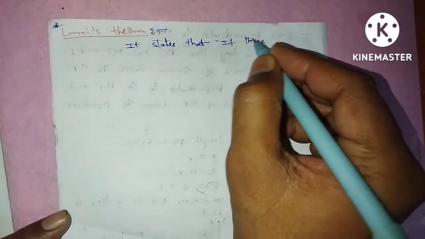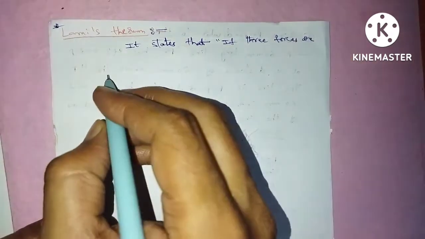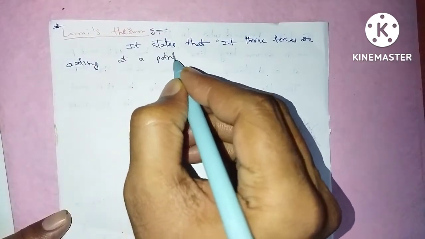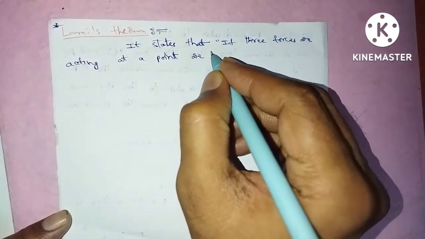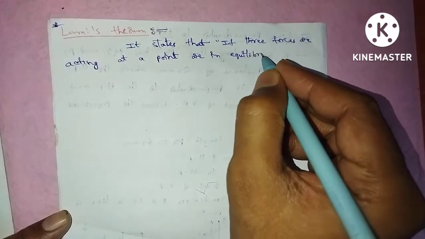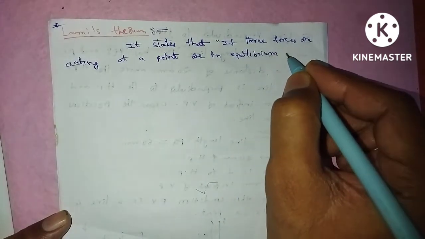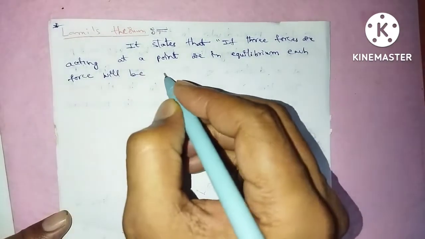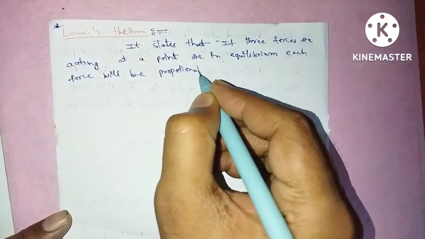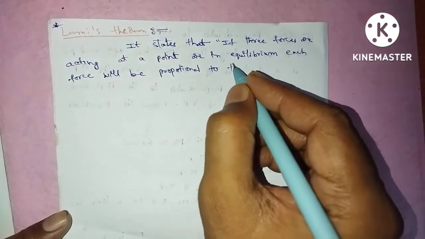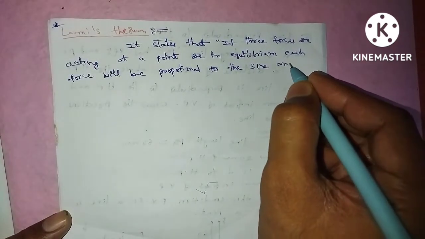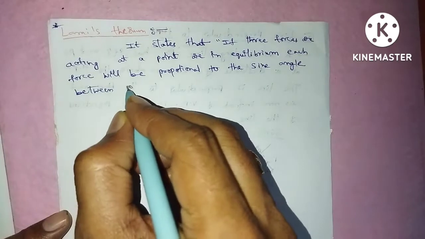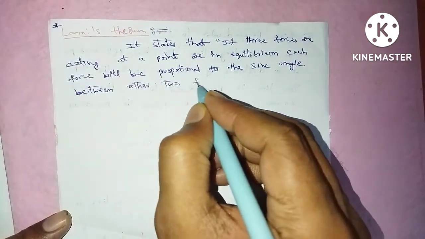If three forces are acting at a point or in equilibrium, each force will be proportional to the sine angle between the other two forces.